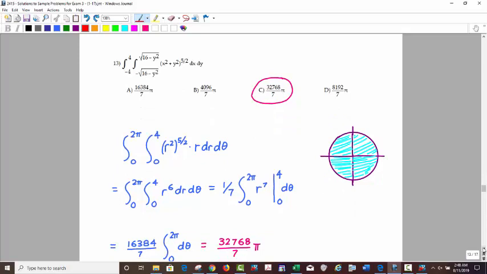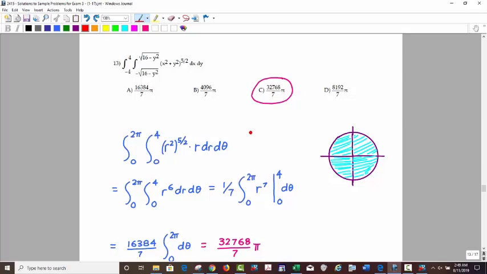So let's see what we have here. All right, so with both these lower limits being negative, we've got a full circle here, because that means x can be negative, y can be negative. Just goes around the entire circle.